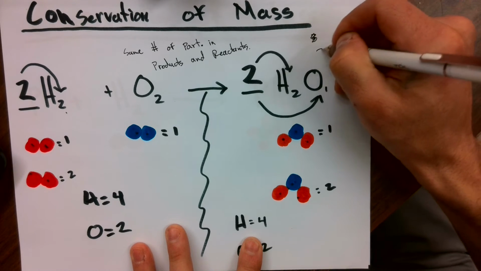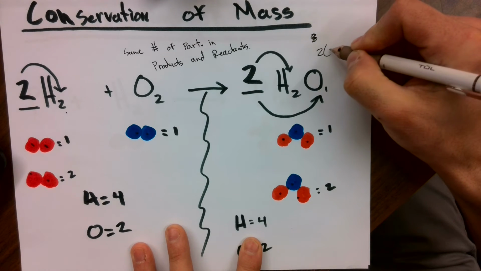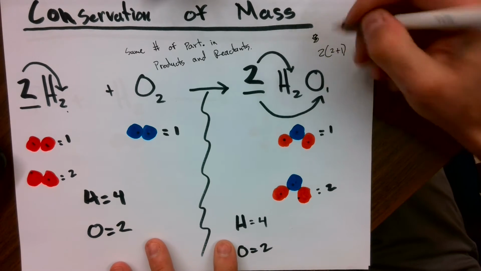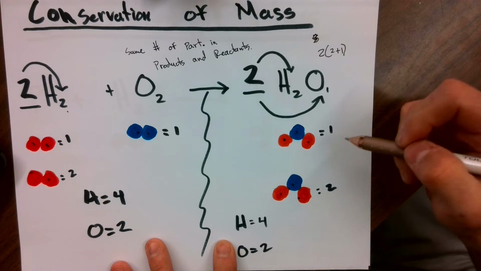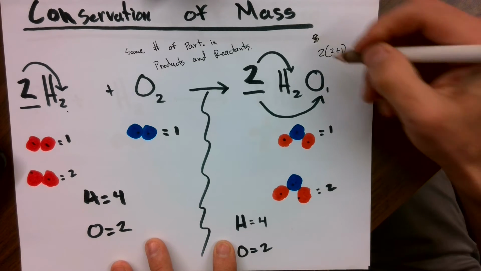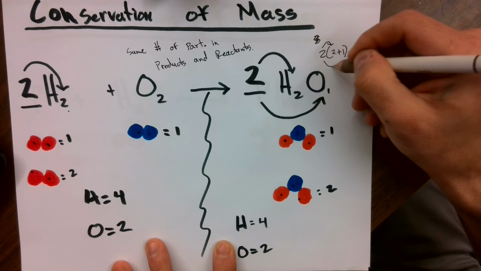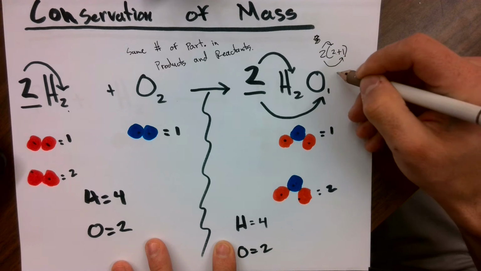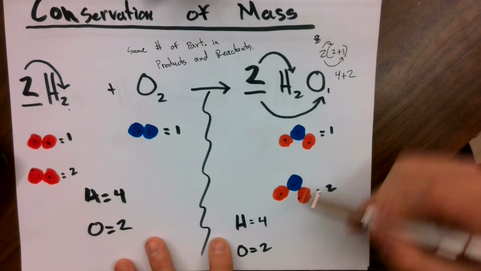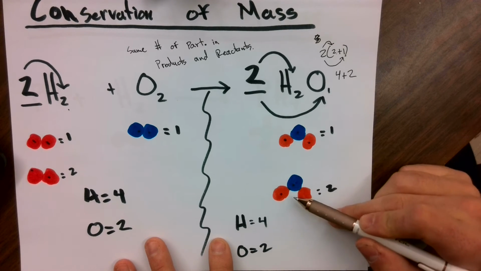Let's go with 2. 2 plus 1. Well, I have to take the 2. I'm getting this 2 from my coefficient. I'm getting this 2 from my subscript. And this 1 from my subscript. So I'm distributing my 2. So I get 4 plus 2. And you can see that down here. 1, 2, 3, 4, 1, 2.